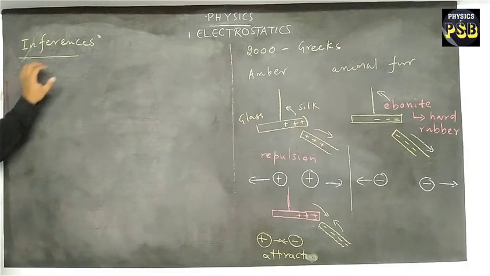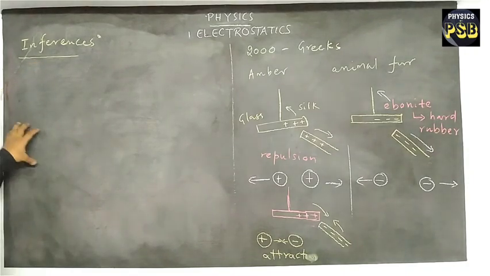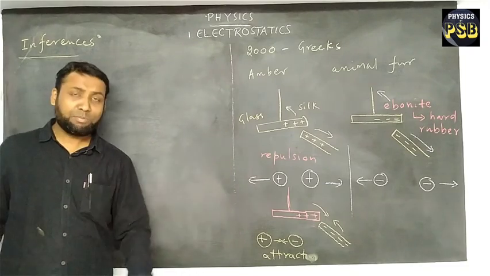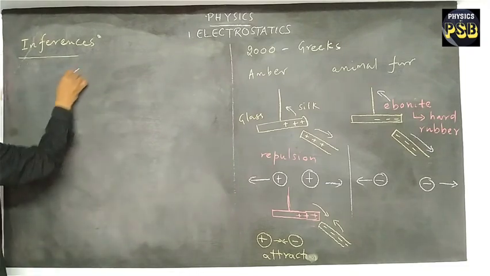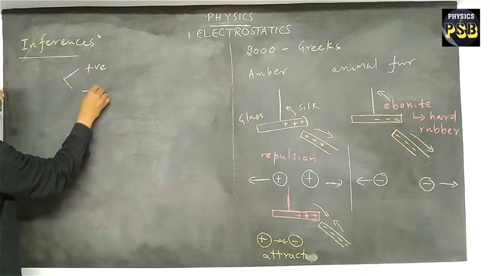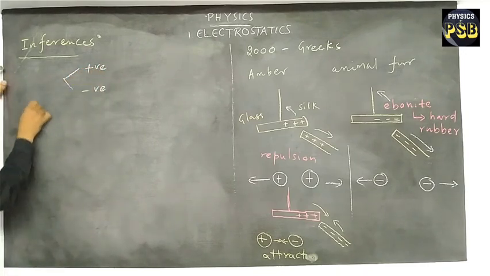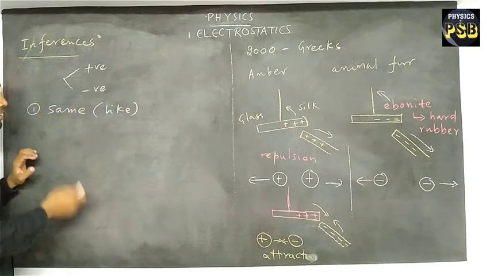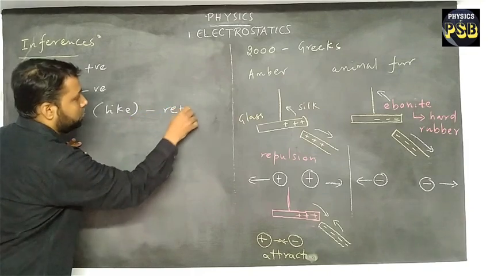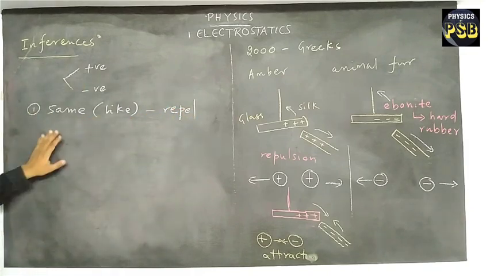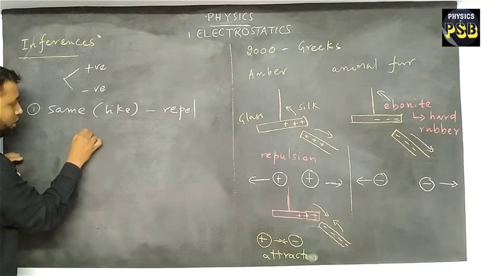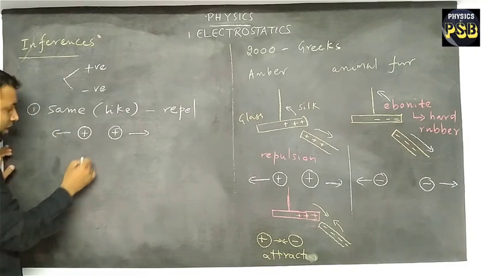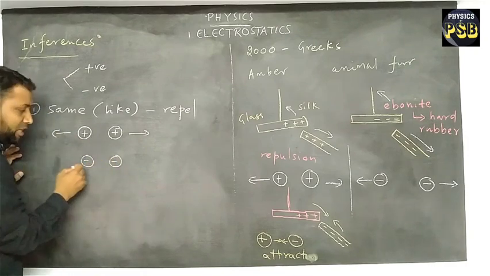Now let's discuss what inferences we get from the observation. This experiment shows that there are two types of charges. One is positive charge, another is negative charge. Same or like charges repel. This is the first thing we observe here. That means when positive charge is brought near positive charge, they repel each other. In a similar way, when negative charge is brought near negative charge, they also repel.